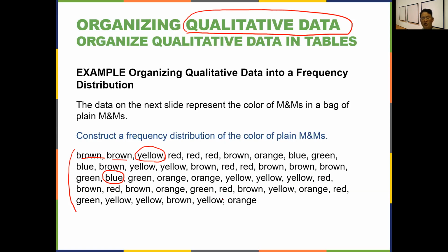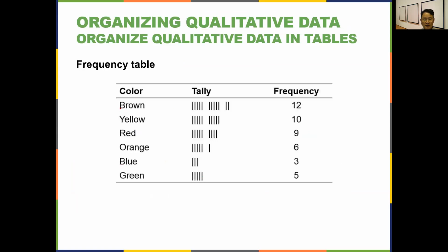Now, this is non-number form. So how do we construct a frequency distribution table with this type of non-number data? Well, first you identify how many different colors there are, and you realize there's brown, yellow, red, orange, blue, and green, right?